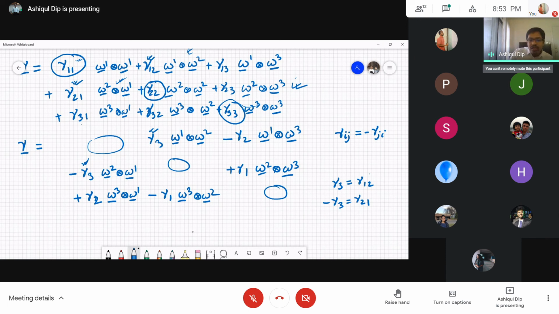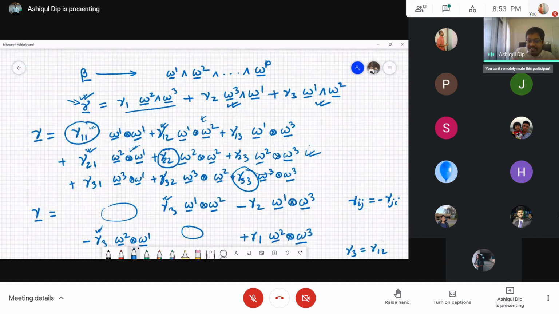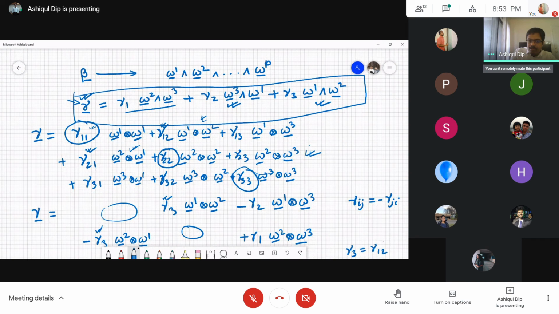Okay, now we do not usually write our three forms or two forms like this. What I mean is, two forms are 0 2 tensors, so they should have components with 2 indices, not 1, right?